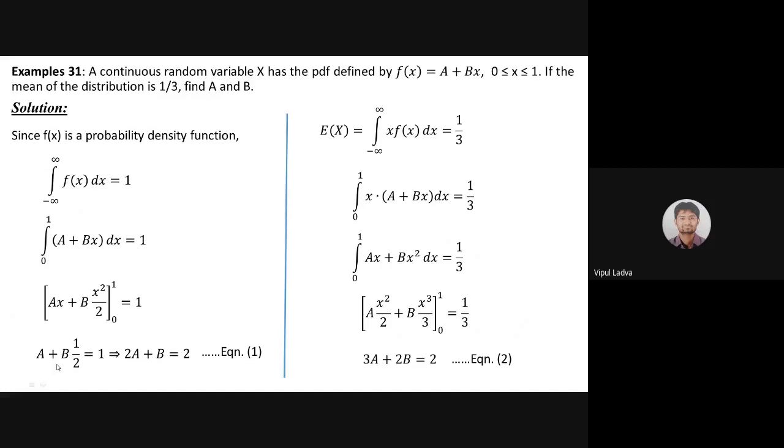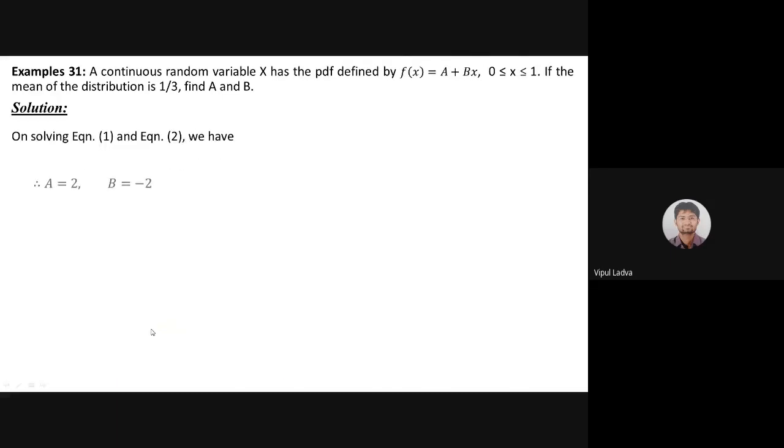So this is equation 1 and equation 2. Both are relations which include a as well as b, and both are linear equations in two variables. So it will be very easy for all of us to solve them. Solving both equations, the value of a will be 2 and b will be -2. So correct, all of you are correct. Very good.